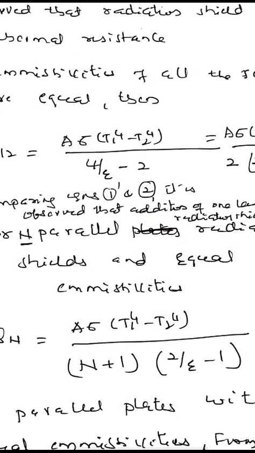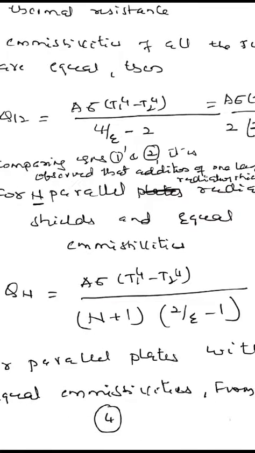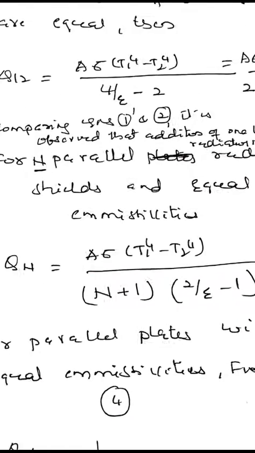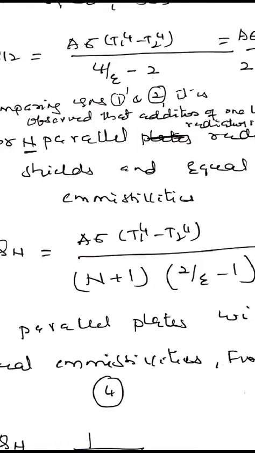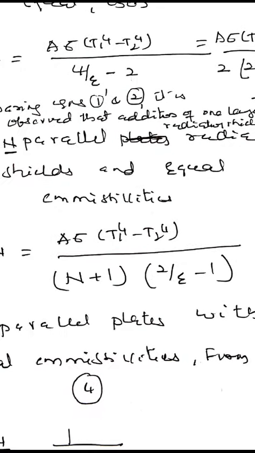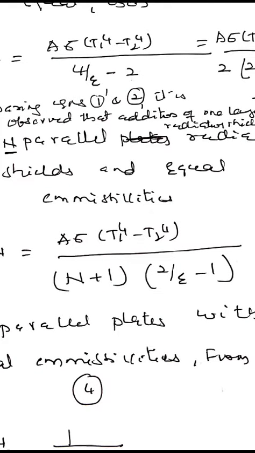Suppose there are n number of shields, then radiation heat transfer with n radiation shields will be A sigma (T1 raised to 4 minus T2 raised to 4) divided by (n plus 1) into (2 by epsilon minus 1).